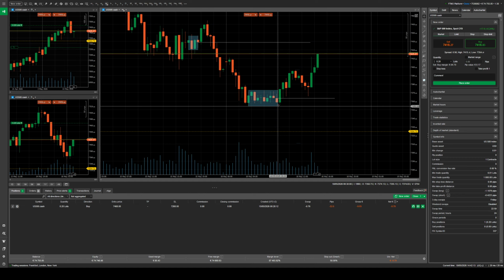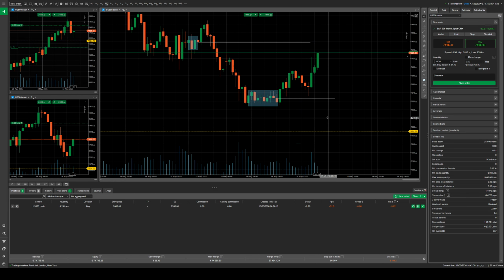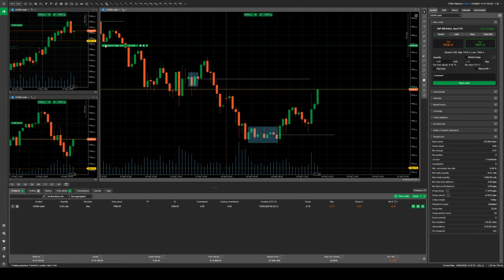If the price breaks down below this 7353, it should go 43 pips. This is where the projection is now. I've set up an alarm should the price go here, so that I can actually react and add to the trade, so that I push my average price down.